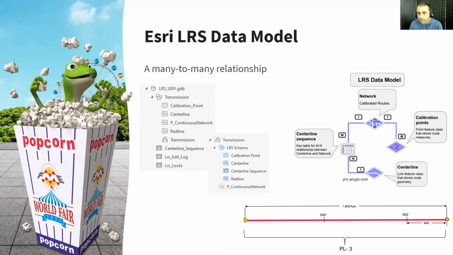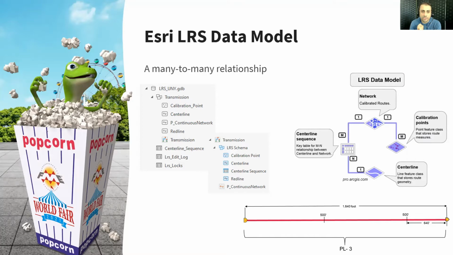It's a many-to-many relationship, and you can see below the example of the pipeline, how at the ends of the line, it stores the M values. These are the calibration points. The yellow, or orange-looking dots there at the end of the line, these are the calibration points.